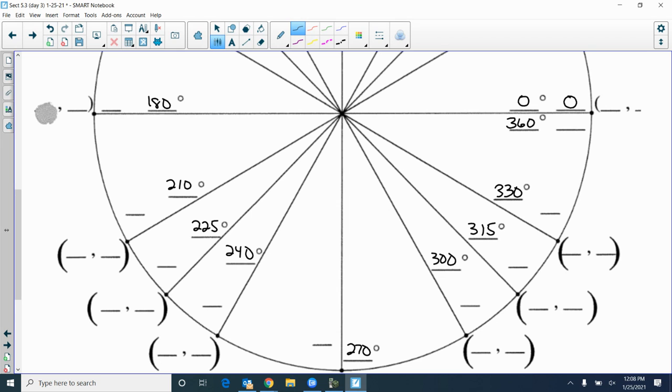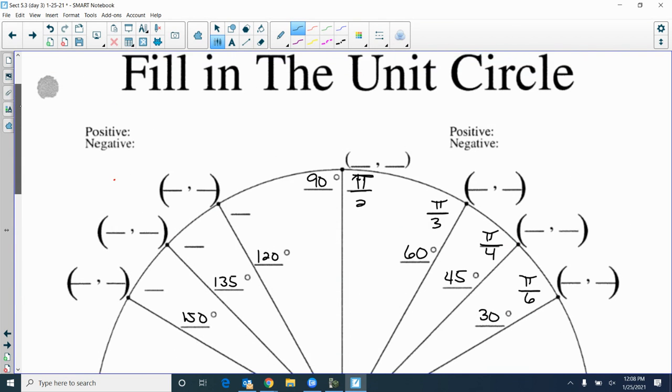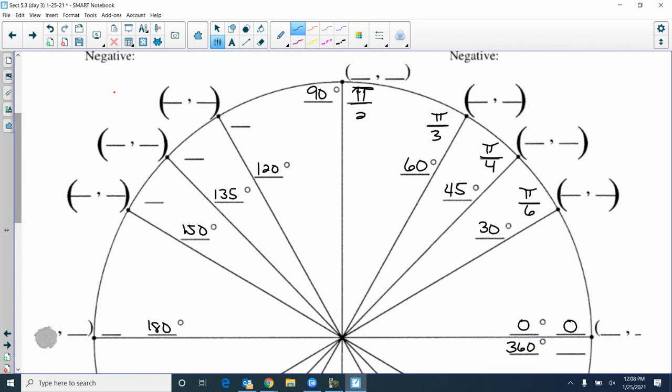So I'm going to go here. 90, I already put as pi over 2. So 120 is a multiple of 60, 2 times 60. So it becomes 2 pi over 3. 135 is a multiple of 45, multiply it by 3, 3 pi over 4. 150 is a multiple of 30, 5 pi over 6.